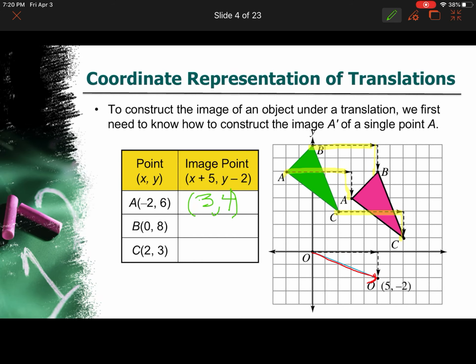So B, which starts out at 0, 8, is going to go over 5. So now it's going to be at 5 and 6. And C, which starts at 2, 3, is going to go over 5, making it over 8, and down 2, making it 1. That's a 1, not a 7.